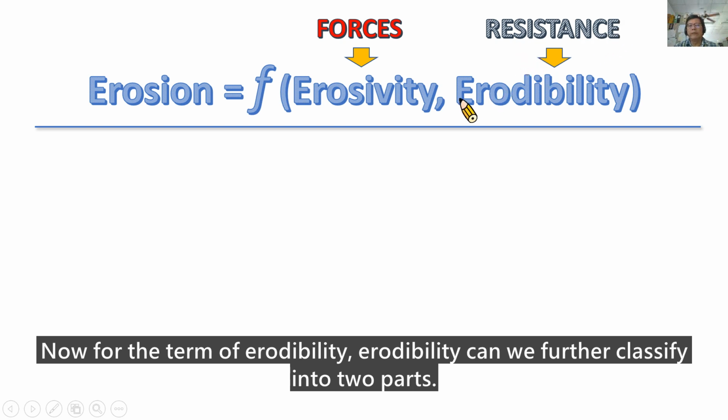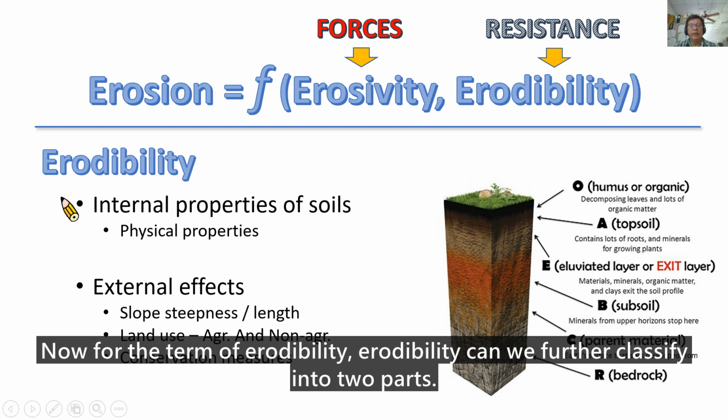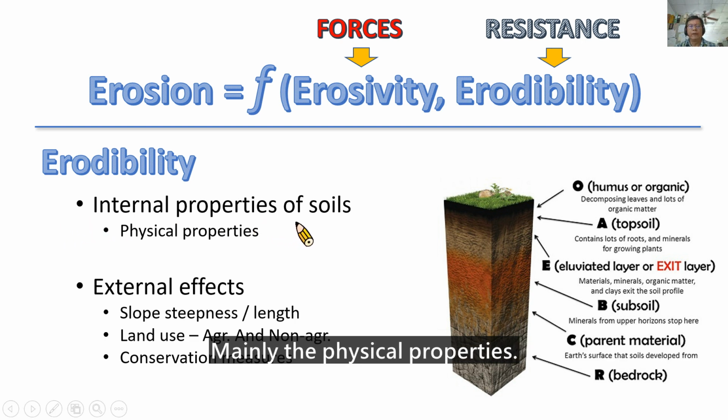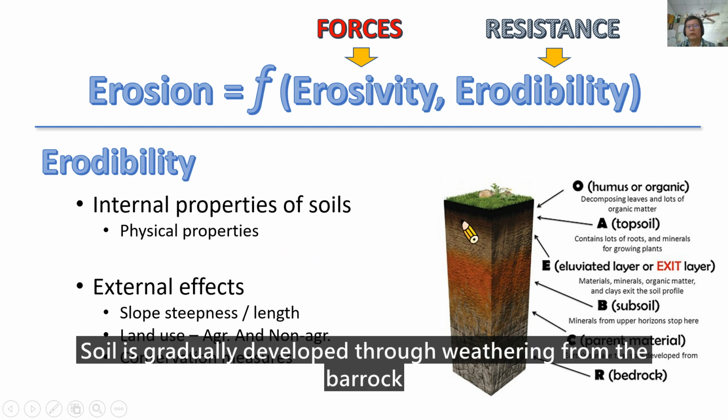Now, for the term erodibility, erodibility can be further classified into two parts. One is the internal properties of the soil, mainly the physical properties. Soil is gradually developed through weathering from the bedrock.